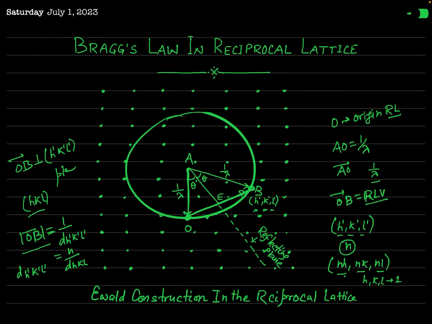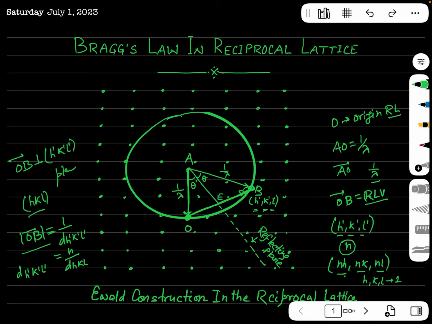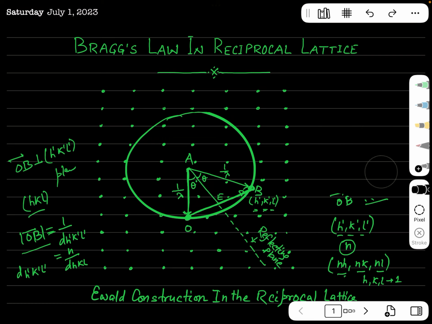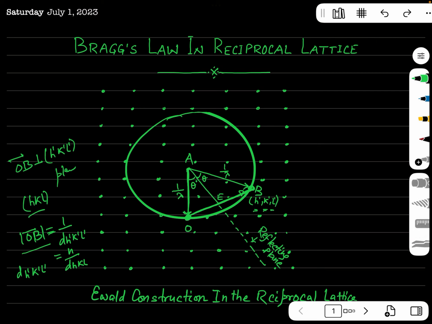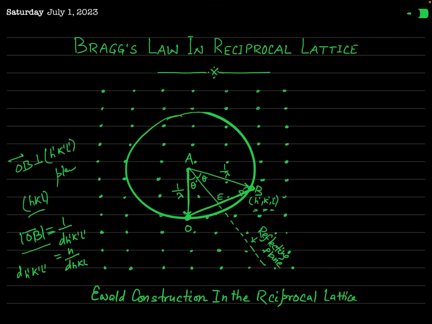Now again see this figure. Here I have shown that B is a reciprocal lattice point, O is the origin of the reciprocal lattice, and according to the definition, OB is the reciprocal lattice vector.